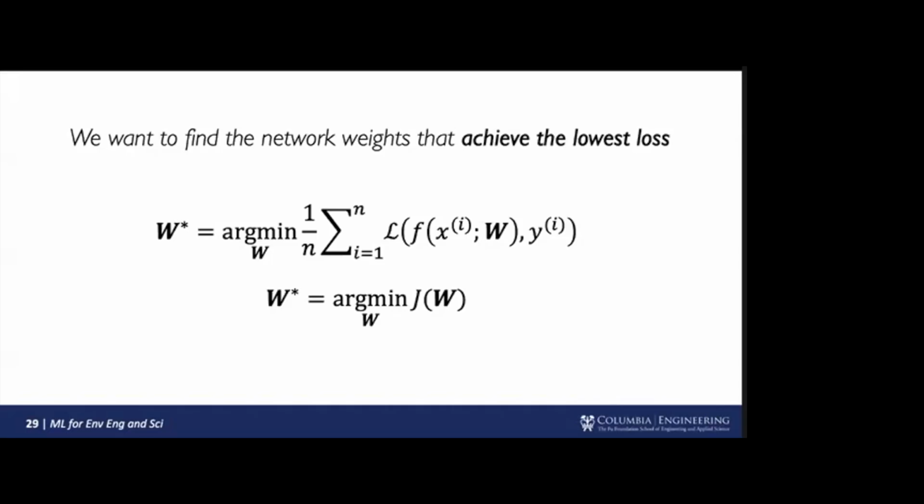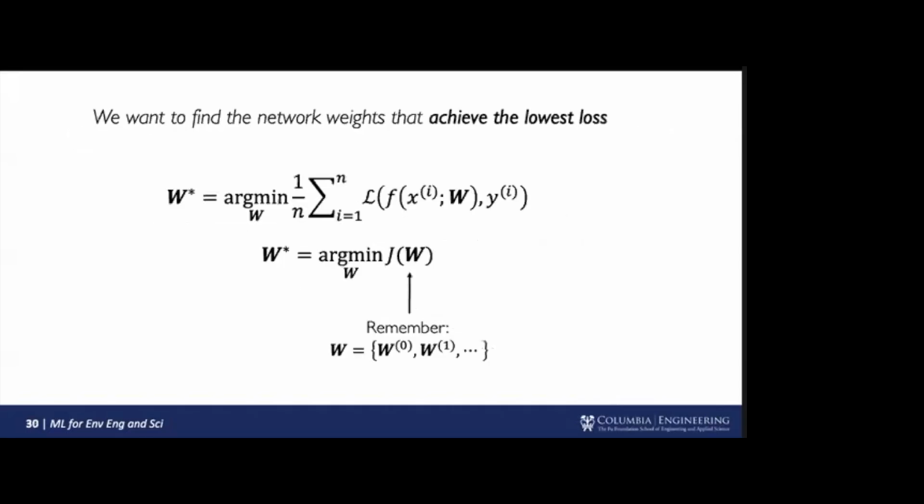Okay, great. Let's move to this slide, which clarifies what we mean by weights. The symbol W represents all weights in the network across every layer. As we mentioned, a single layer network just has one hidden layer, but for a deep network, you have multiple different layers, and each layer has multiple neurons. Each neuron is connected to the output of the previous layer, which is the input of this layer, with a weight.